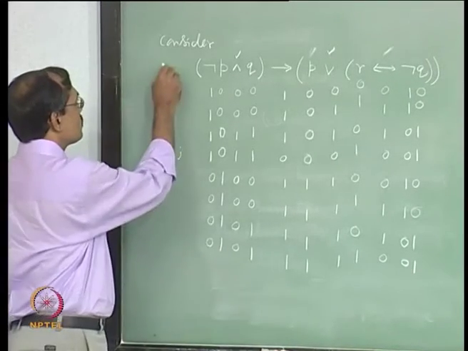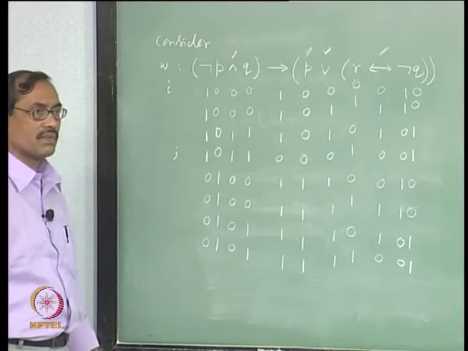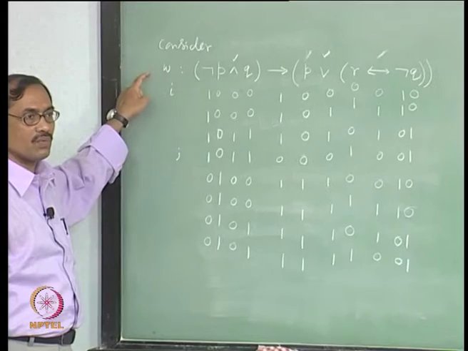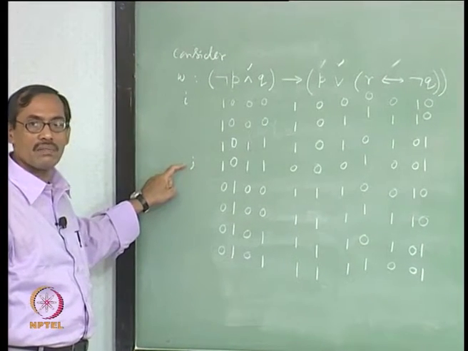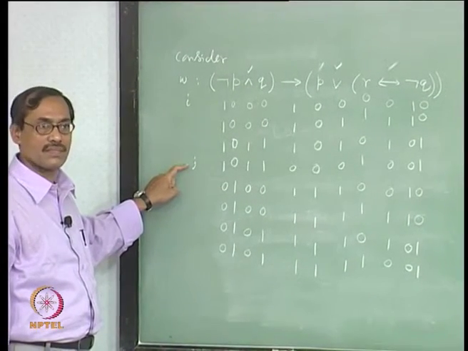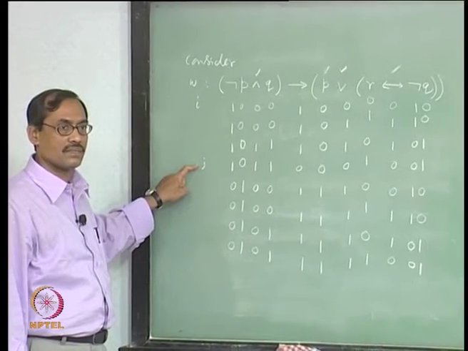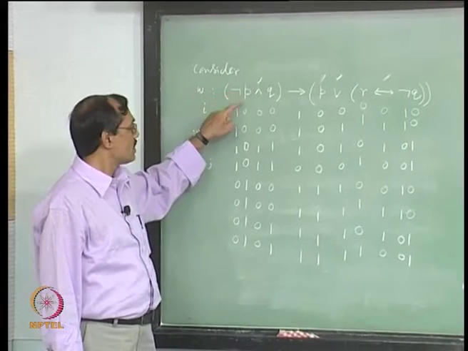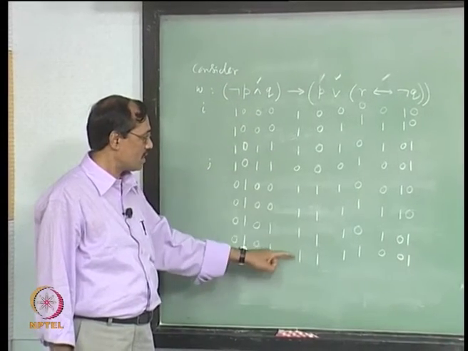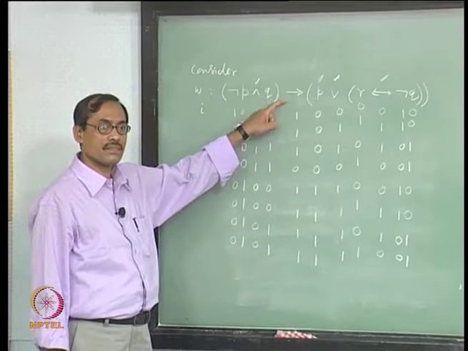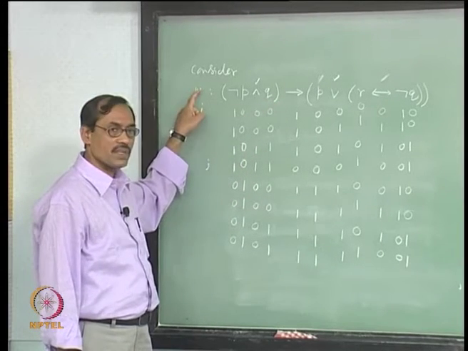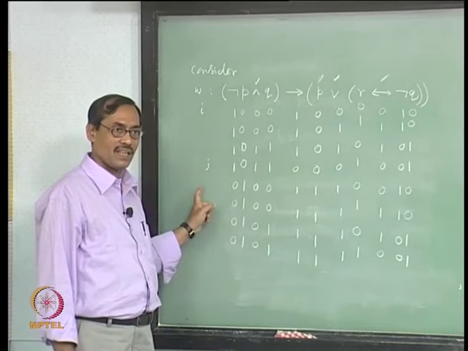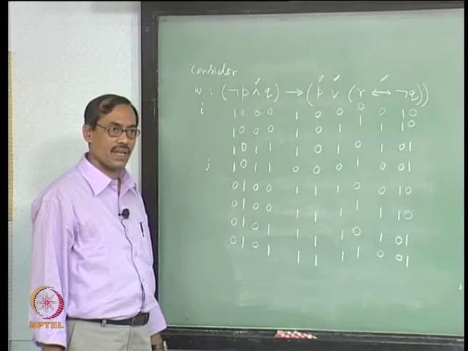For example, if W is this proposition which we have considered, then I is a model of W, I is an interpretation which assigns 1 to W, but J is not a model of W, fine. Is it clear? Now, W has many interpretations which are models, and W has one interpretation which is not a model. For example, J does not satisfy W, fine.